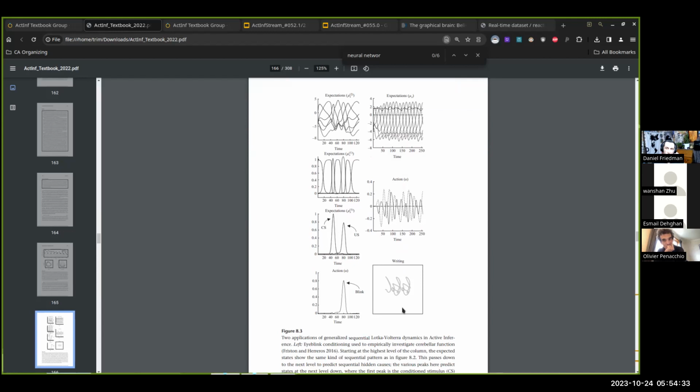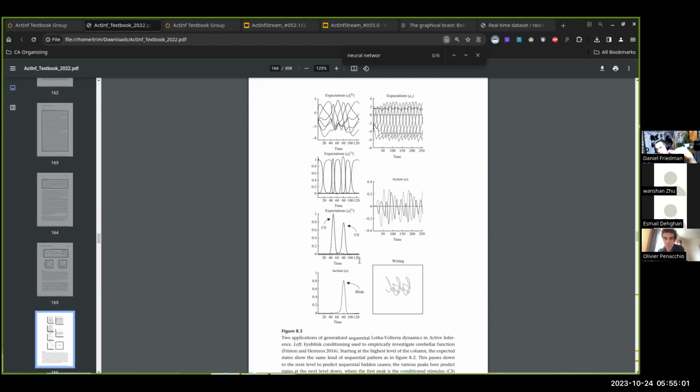However, as Thomas pointed out, people wanted to account for explicit planning, because even though the model is tuned to do this kind of repetitive scribble, there was no explicit planning. That motivated the development of the discrete time formalism and the POMDP formalism, which had been widely used for planning.